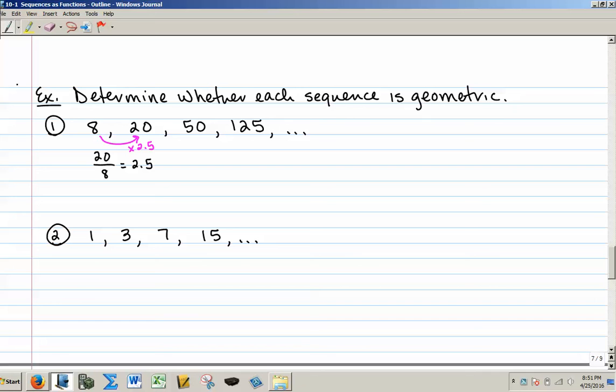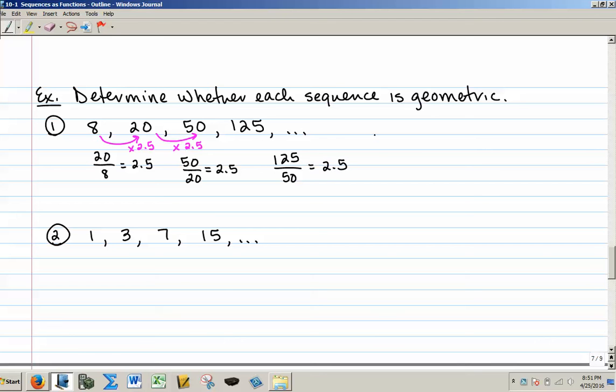Okay, is that the same thing when I go from 20 to 50? 50 divided by 20 is also 2.5. So that common ratio exists here as well. I'm multiplying by 2.5. And let's check our last pair. 125 divided by 50 is also equal to 2.5.